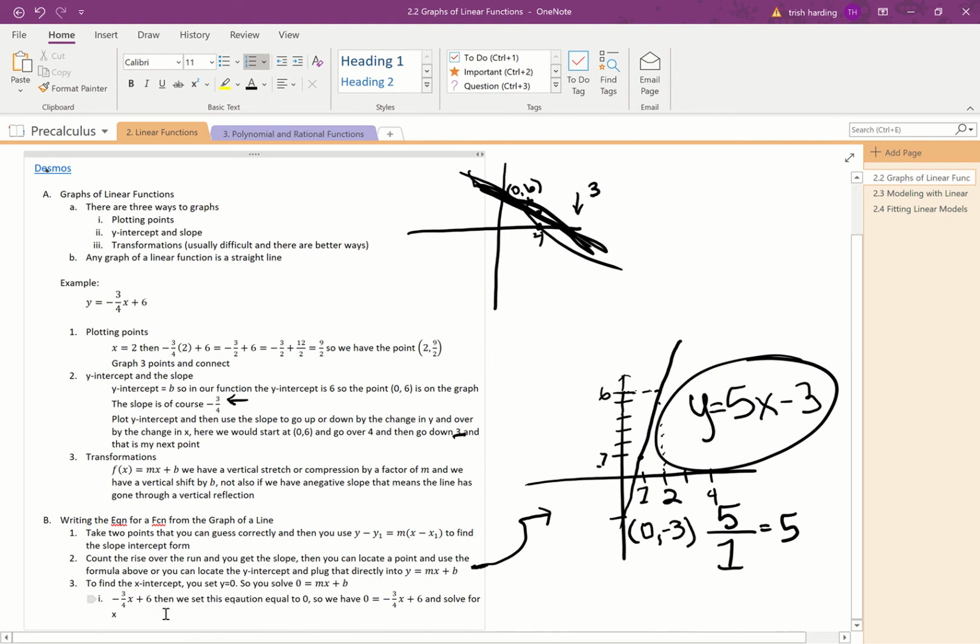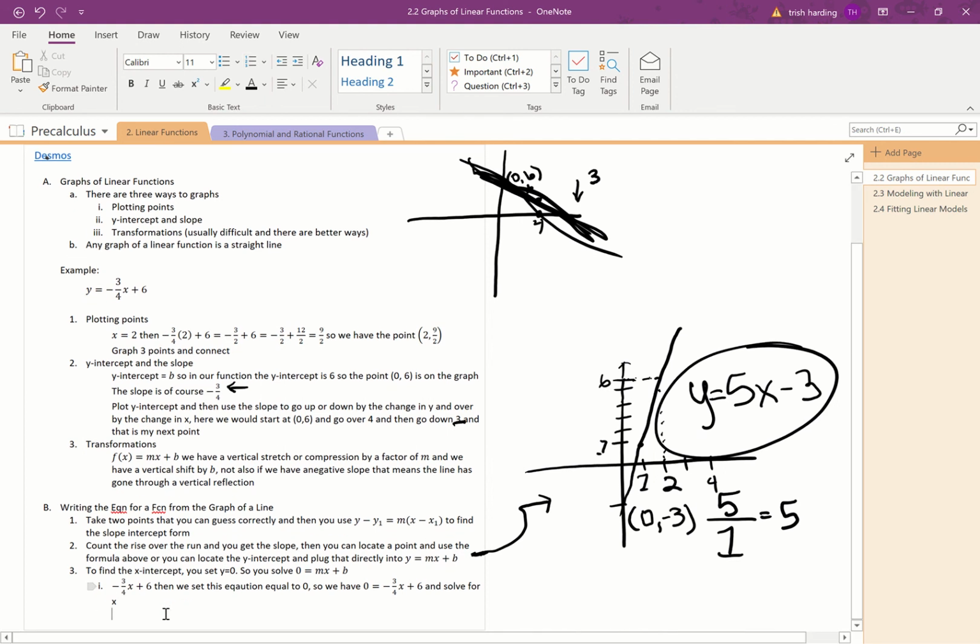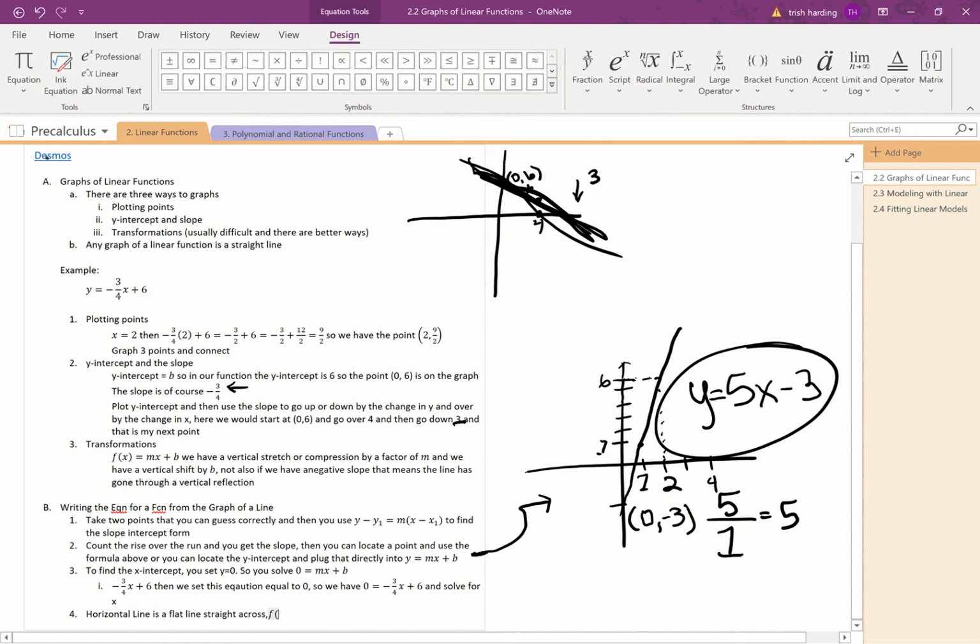So horizontal and vertical lines. Remember, a horizontal line is a flat line straight across. That gives us f of x equals y equals c, which is just some number.